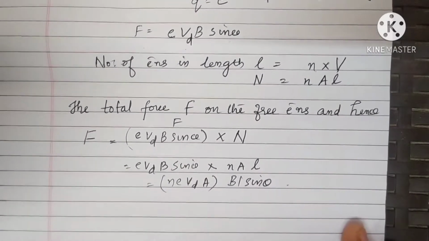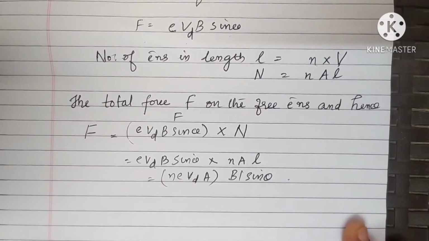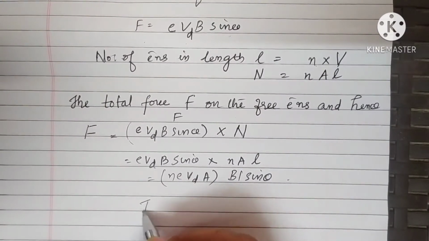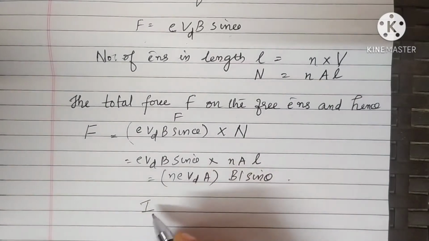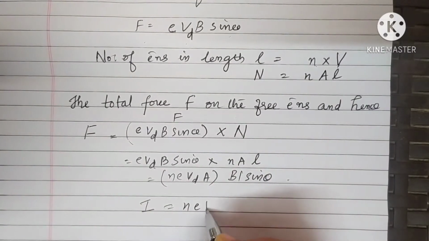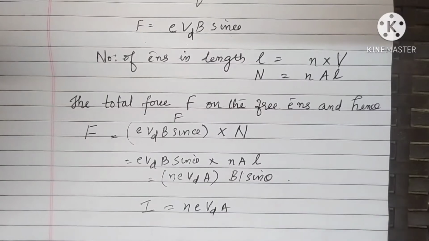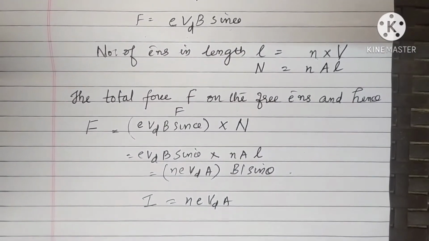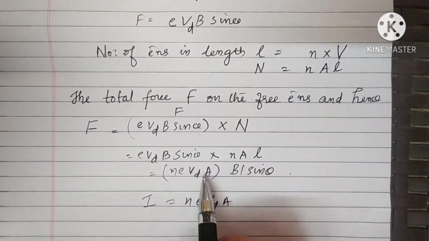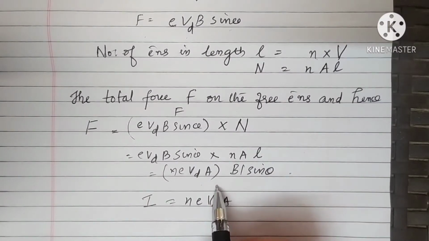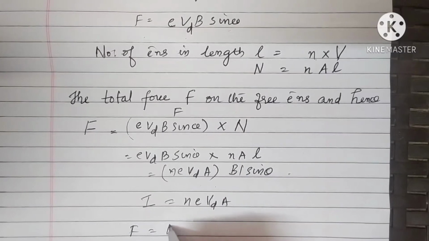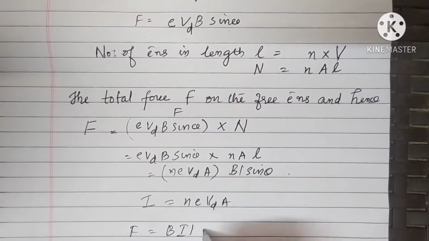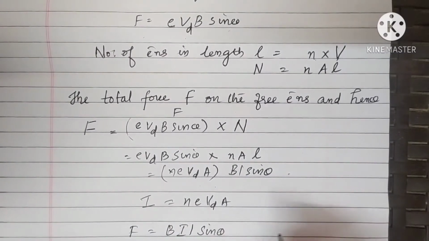In the chapter current electricity, you have studied that the current in terms of number of electrons per unit volume, drift velocity, area, etc. You have an expression like n e Vd A. Do you remember that? So here for this term n e Vd A, I can put the value I. Therefore, F is equal to B I L sin theta, B I L sin theta.